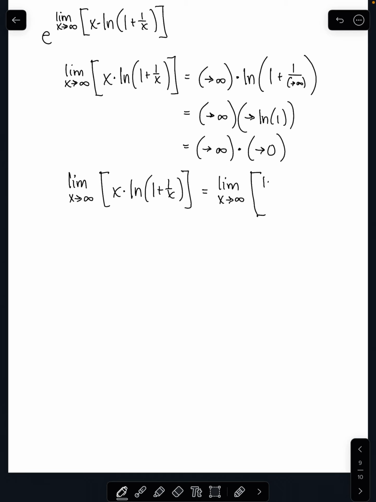So we're now going to have a fraction where the natural logarithm factor stayed in the numerator, and the x goes into the denominator where it's going to become x to the negative 1.